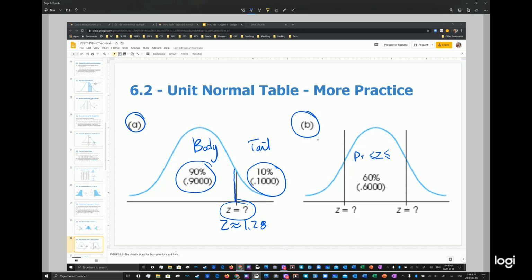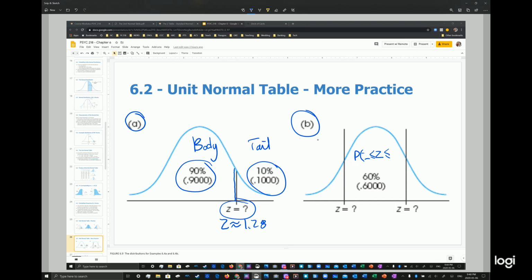Oops, that's not plus X, that's negative X. Whatever it is, some value that's negative and some value here that's positive. So we need to find out what that is, and so we apply the property that this normal distribution is symmetrical. So half of this is 30%.